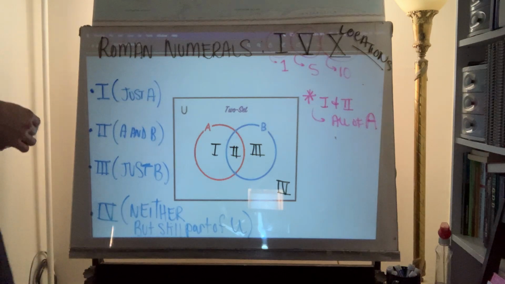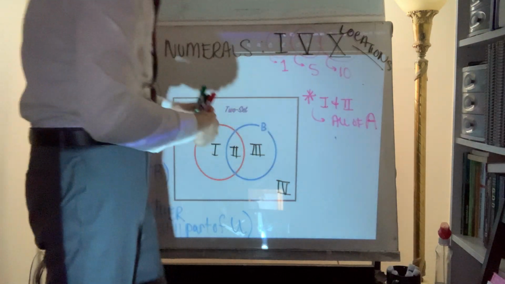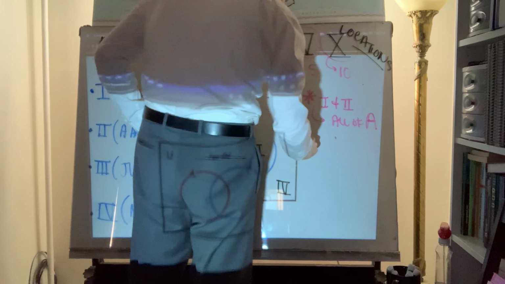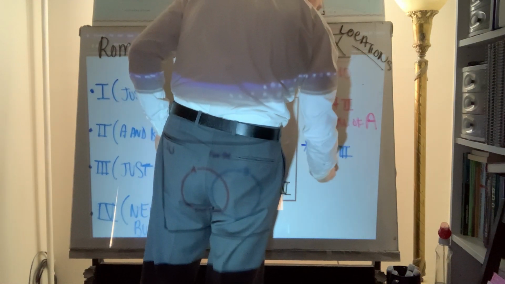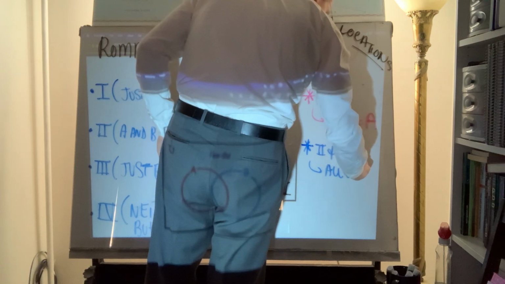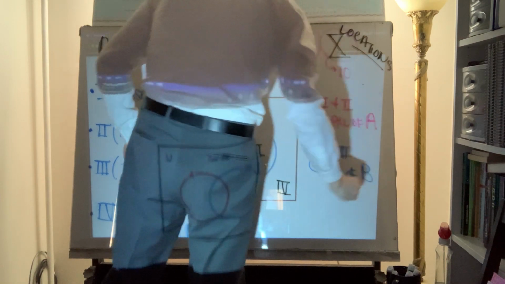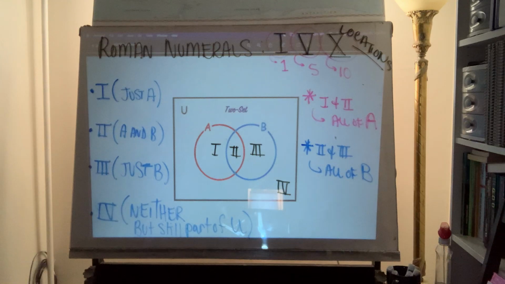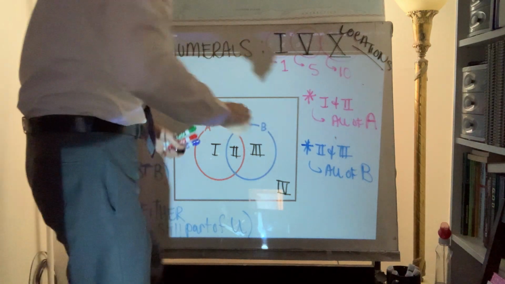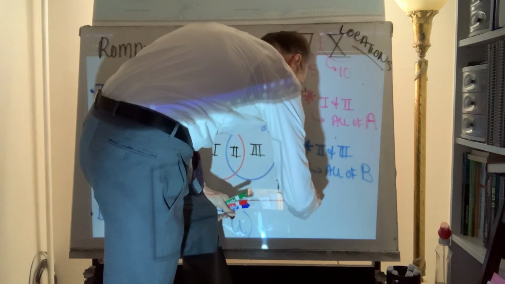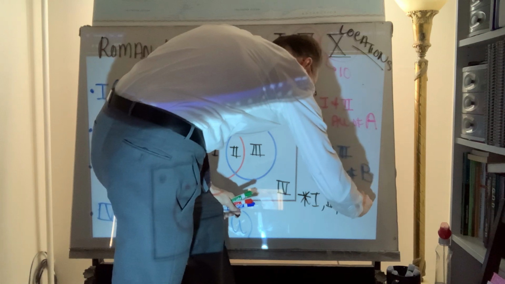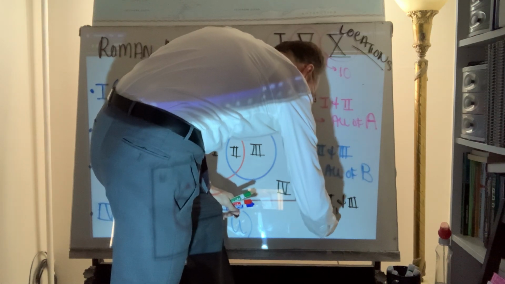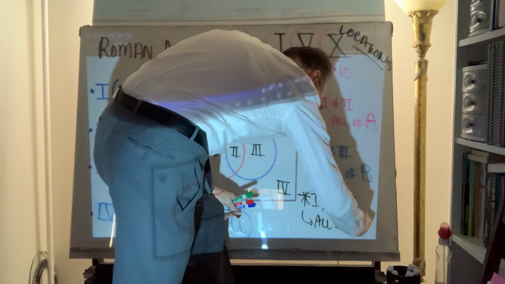If you were talking about 2 and 3 simultaneously, then that would be all of B. That's how English gets you in trouble when you're talking. If you were talking about 1, 2, and 3, that is all of A and B.